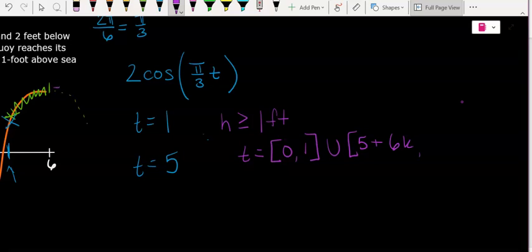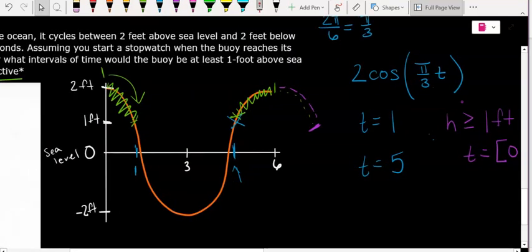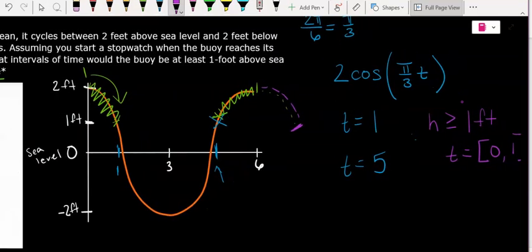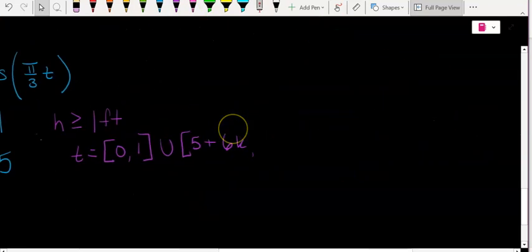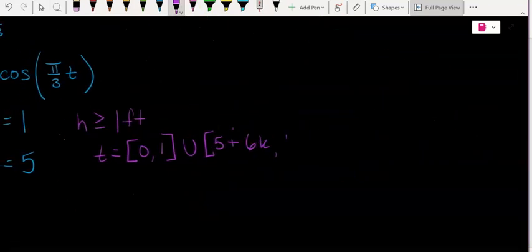So actually I've got to do a little bit more and figure out where this ends into my next part that I've got right here. And I can find that by taking this interval, this 1, and let's just add the period to that. That would be 1 plus 6k. And so that just gives me 7. So it's going to be 7 plus 6k. And this is, of course, where k is an integer.